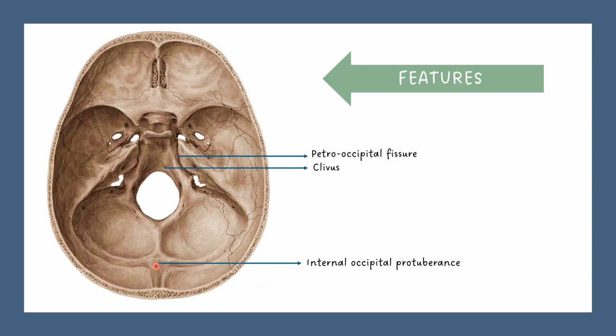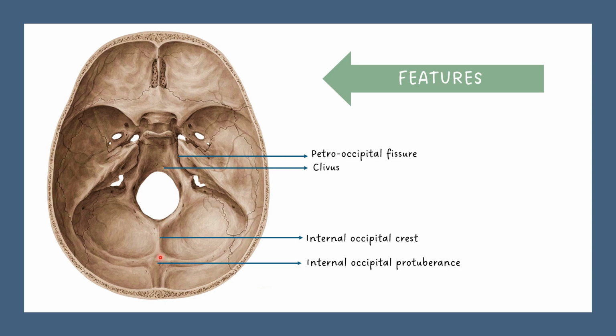The internal occipital protuberance is situated opposite the external occipital protuberance and is related to the confluence of dural venous sinuses, where the superior sagittal, the occipital sinus and the straight sinus meet and the transverse sinus begins. So here we can see these grooves which are formed by the transverse sinus. Internal occipital crest is the midline crest between the internal occipital protuberance and the foramen magnum.